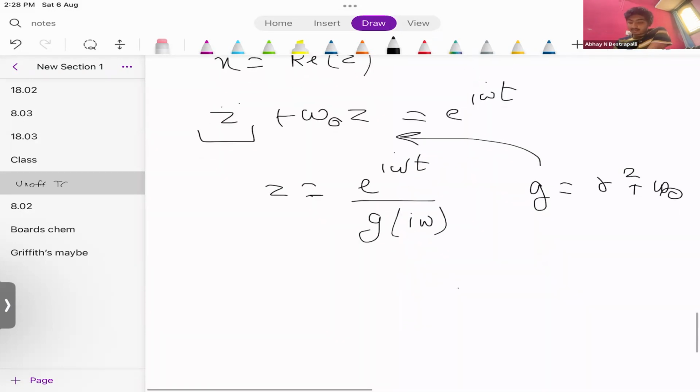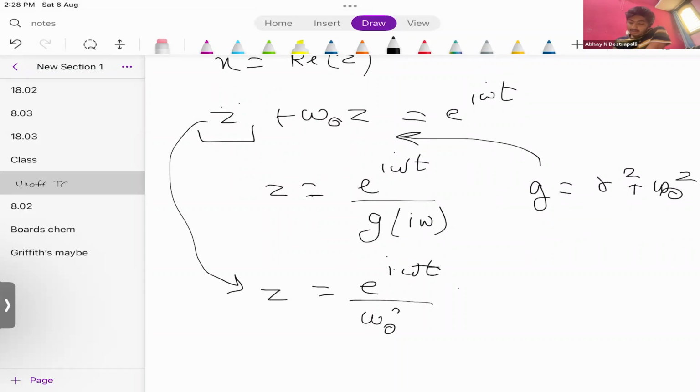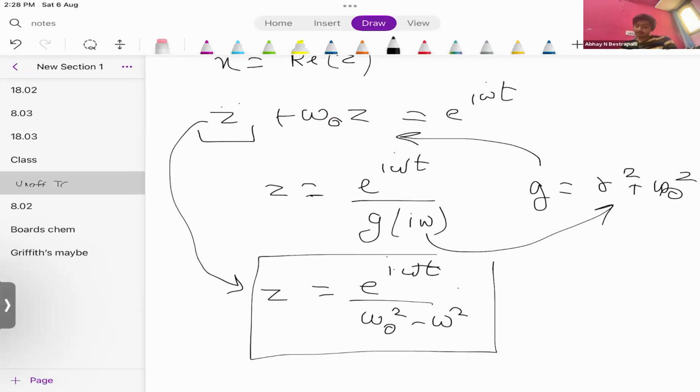Don't worry if you got confused by how you get the solution. Just know that the solution to this equation is e to the power i omega t over omega naught squared. Since we substitute i omega here, that becomes minus omega squared. So this is a solution to this.